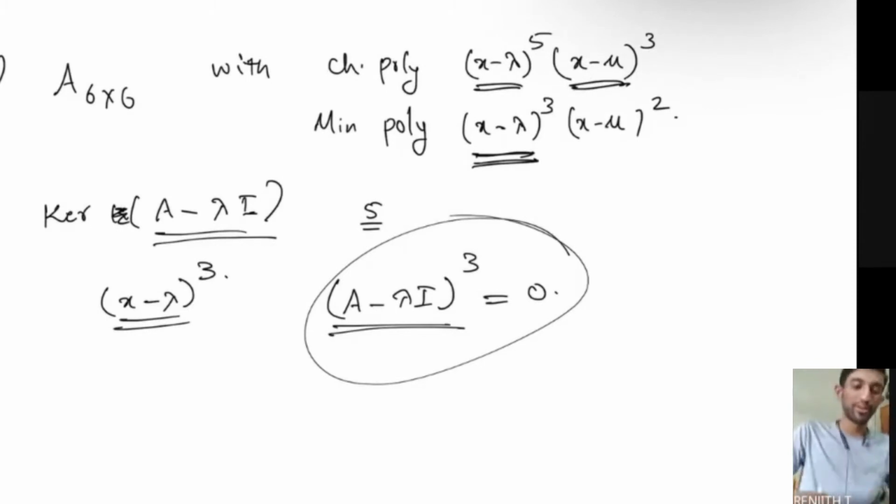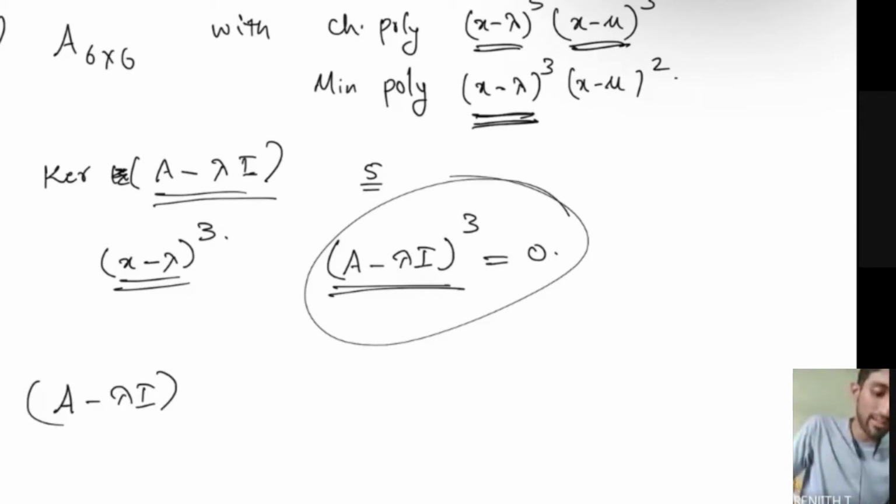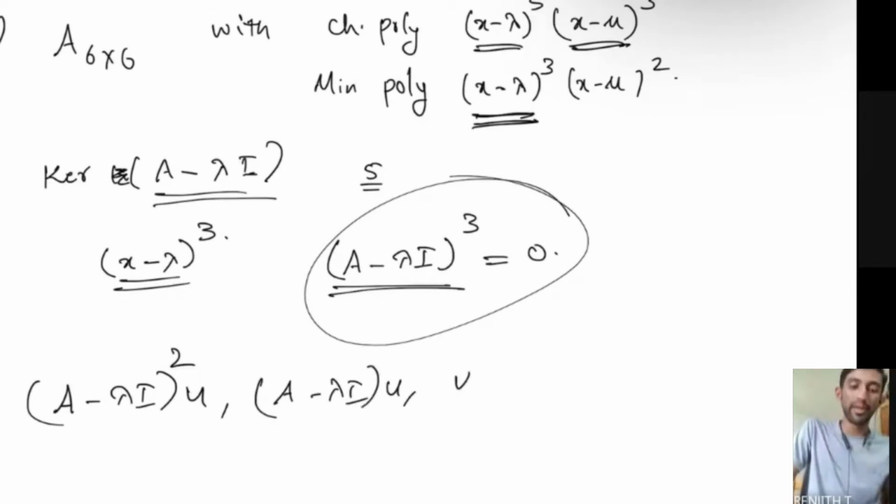Now if (A minus lambda I) cube is 0, you will get a u such that (A minus lambda I) square u is non-zero. Okay, so (A minus lambda I) square u must be non-zero. That means (A minus lambda I) u will be non-zero and u will be non-zero. Right, so you will have 3 elements already in the basis which are linearly independent.